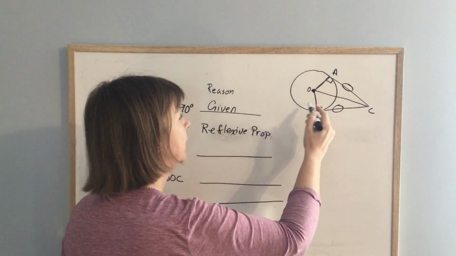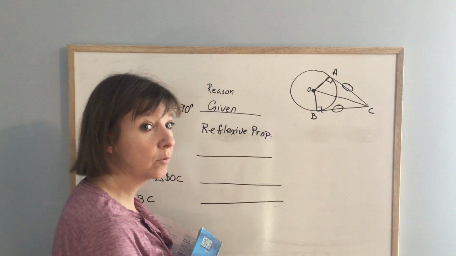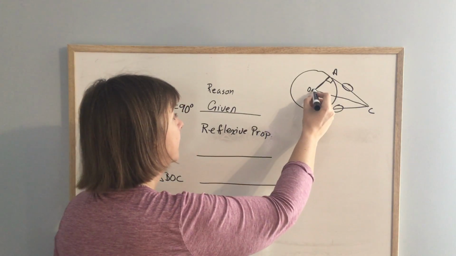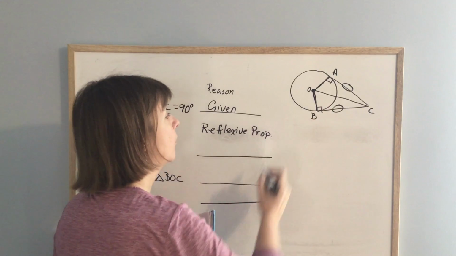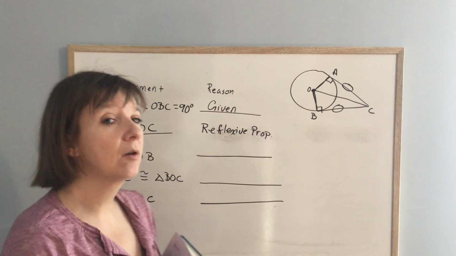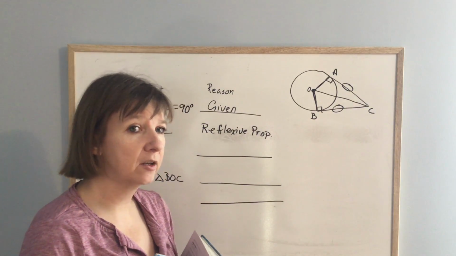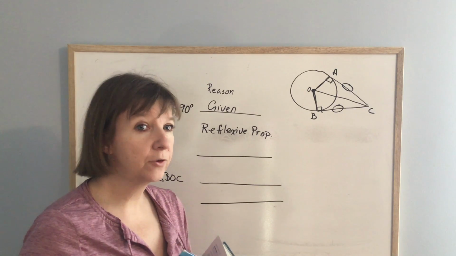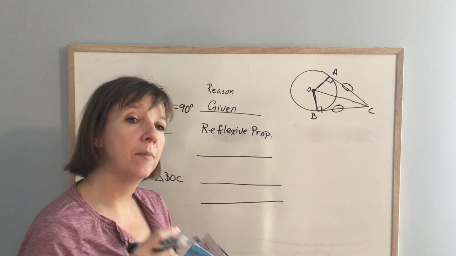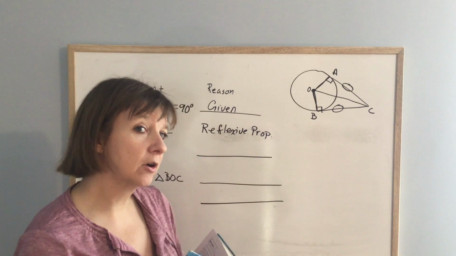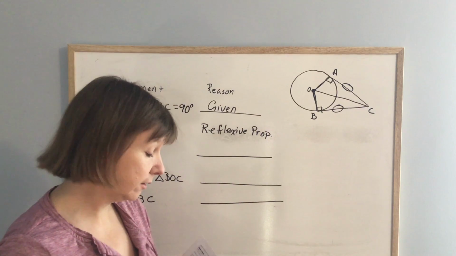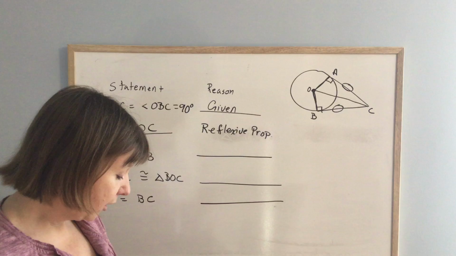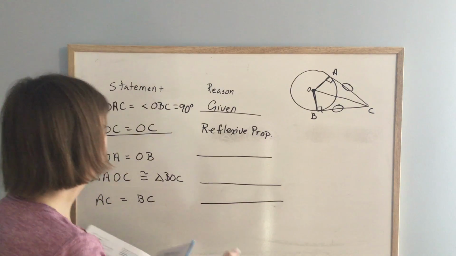This line is going to the edge, which means it's a radius. This is the center. This line is also going out to the edge, so it's also a radius. By definition of a radius, it doesn't matter. As long as you start from the center and go to the edge, it's got to be the same length no matter where you draw it in the circle.